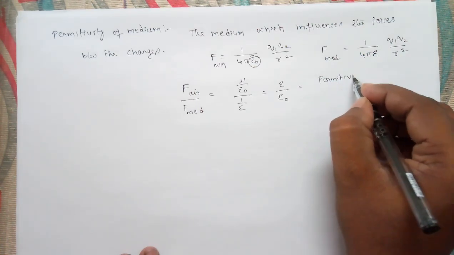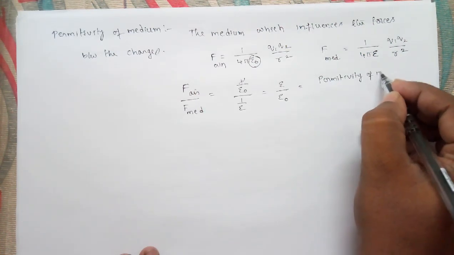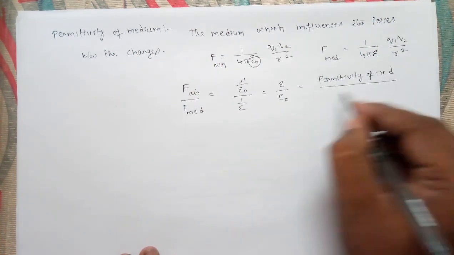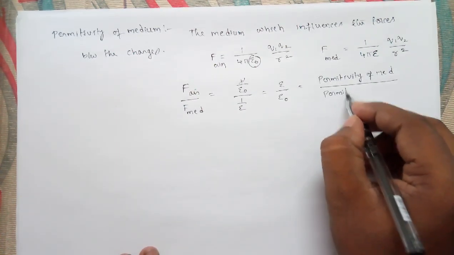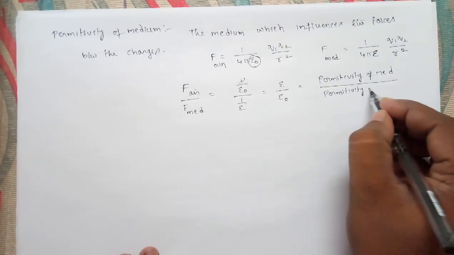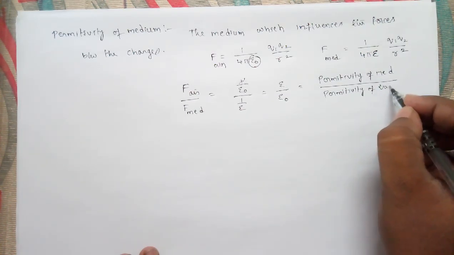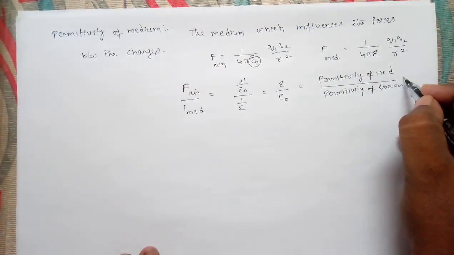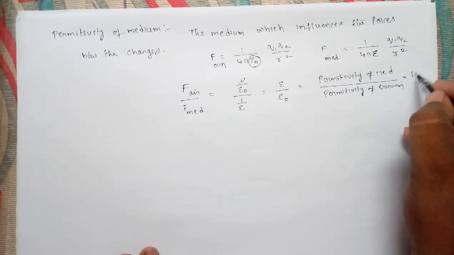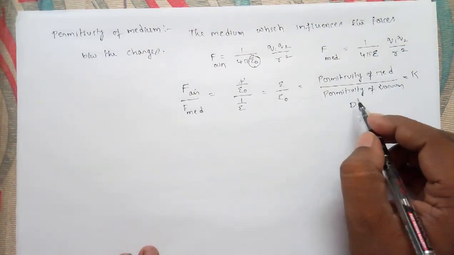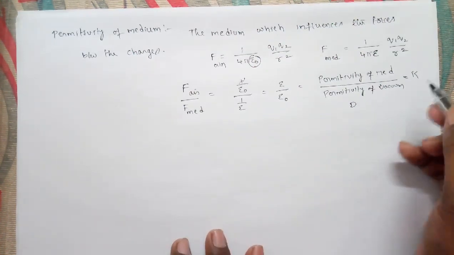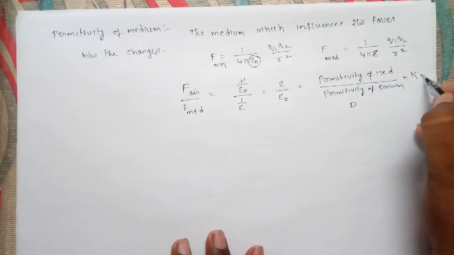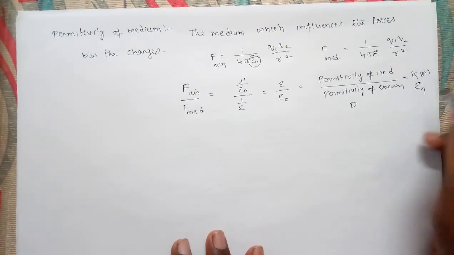So, the permittivity of the medium to the permittivity of free space or vacuum. This we can call k, in the sense dielectric constant, or we can also call it relative permittivity.